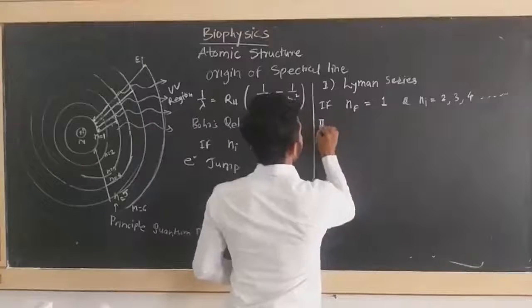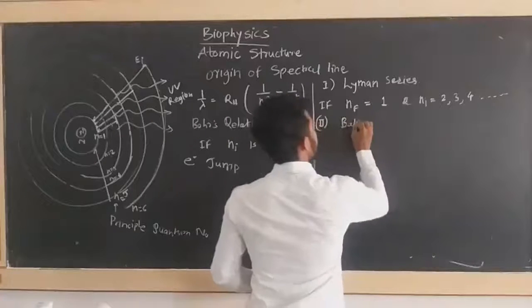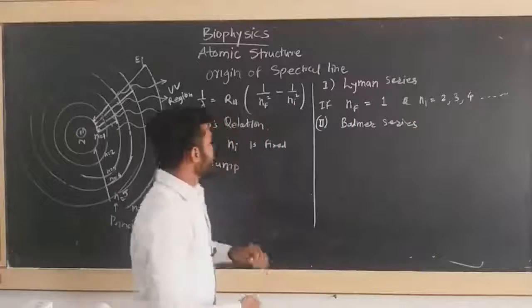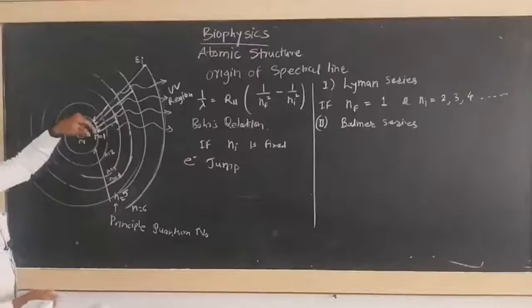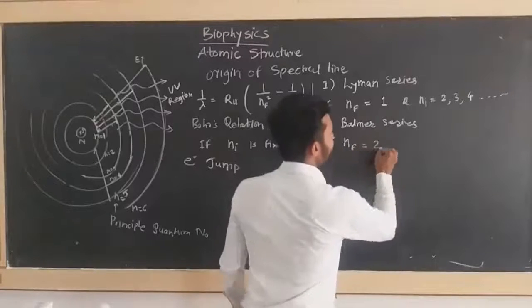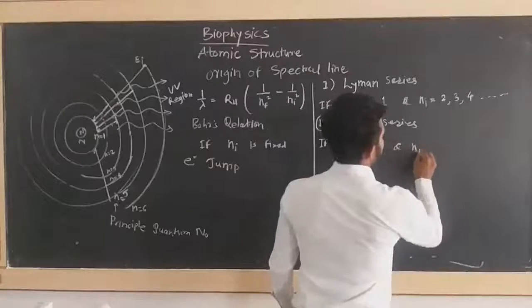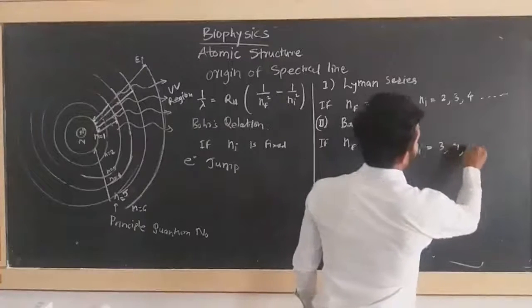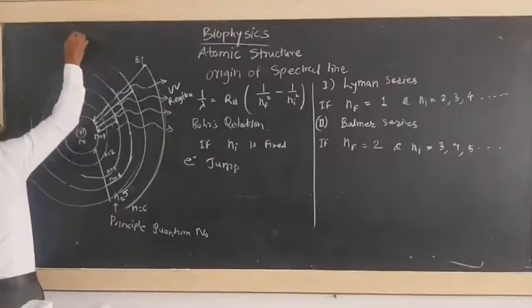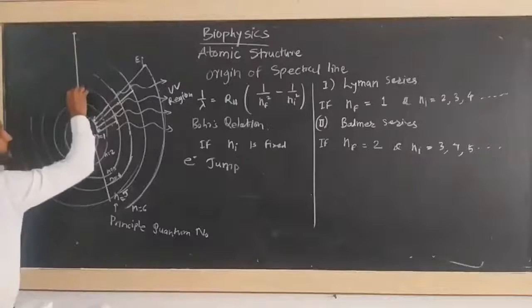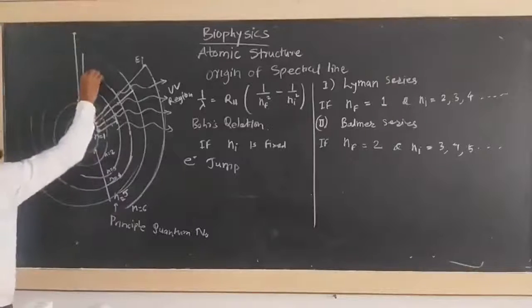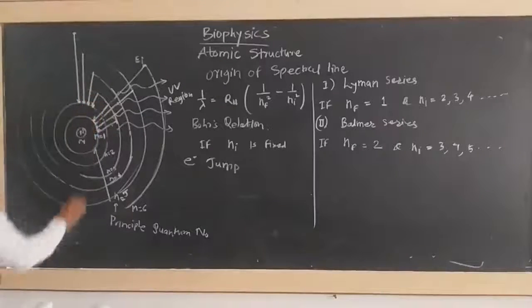The second series is Balmer series of hydrogen atom. In a hydrogen atom, if n final is 2 and n initial is 3, 4, 5 and so on. So suppose for example the electron jumps from the highest orbit to the second state, or from the highest orbit to the second state, or this, or this.